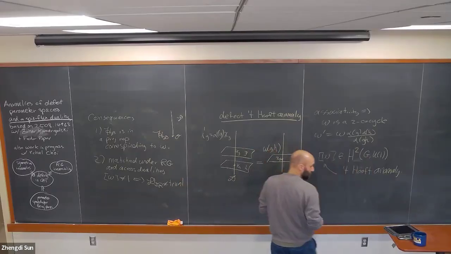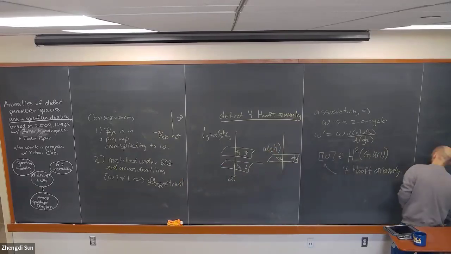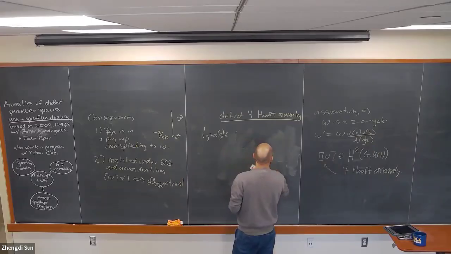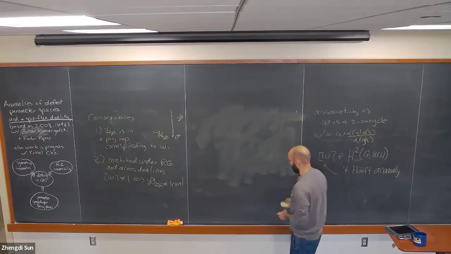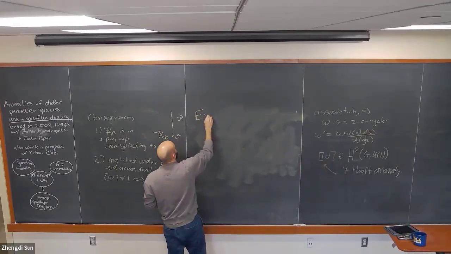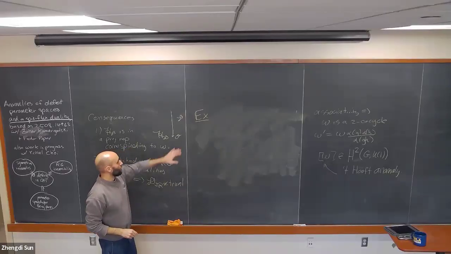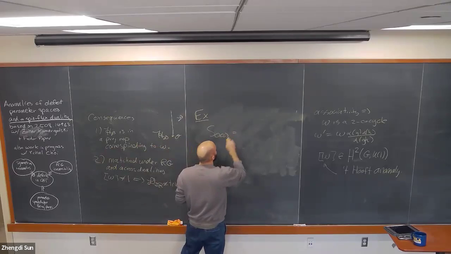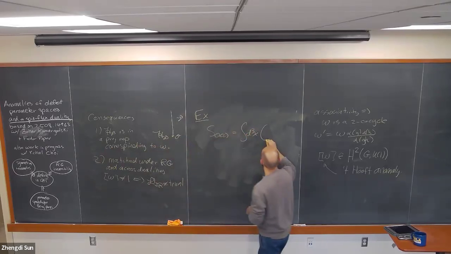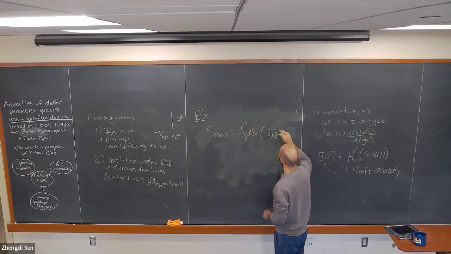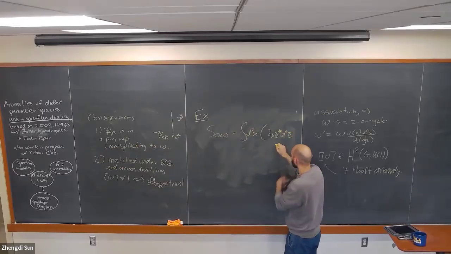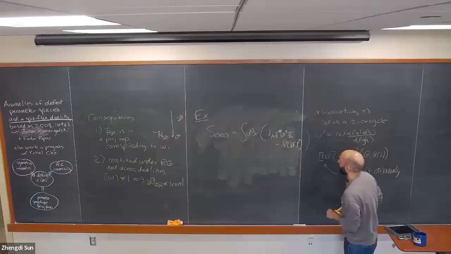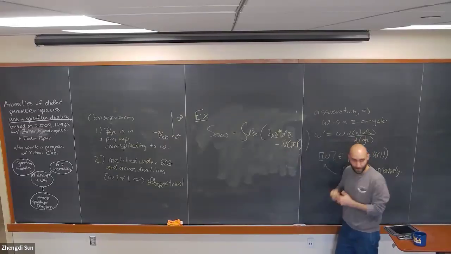Okay, and let's do an example. I'm going to fix my bulk to be the O(2) model in 3 dimensions, and I want to tune the potential so that I'm sitting at the critical point.